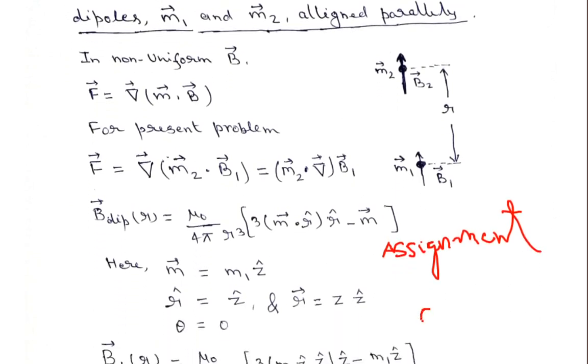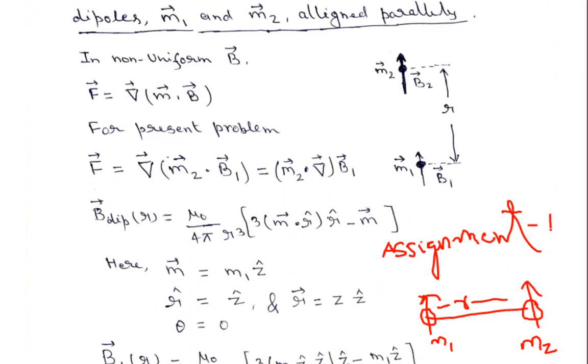Let us say we have a dipole here, M1 along this direction. You can solve this problem like this also: another dipole M2 is situated at this position, and then you find out the value of the force between them, where the separation is R.